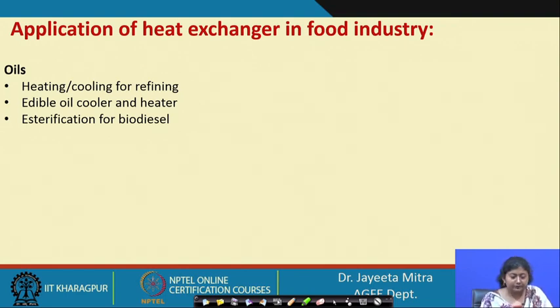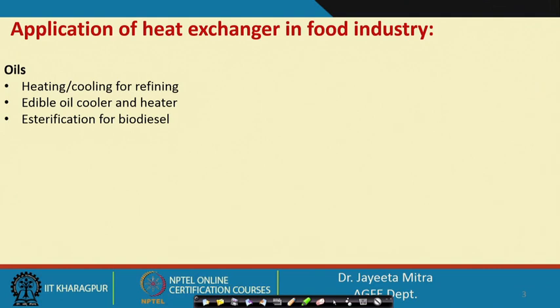So, mostly we will see different kinds of configuration like tubular or concentric pipe heat exchanger, or shell and tube heat exchanger, or plate heat exchanger, scraped surface heat exchanger, all those are the different kinds of heat exchanger that we normally use in food industry.